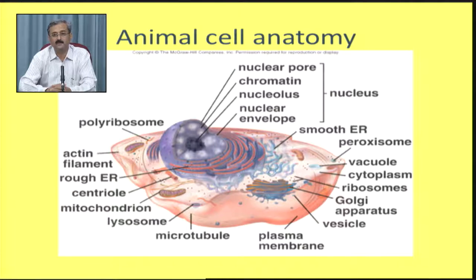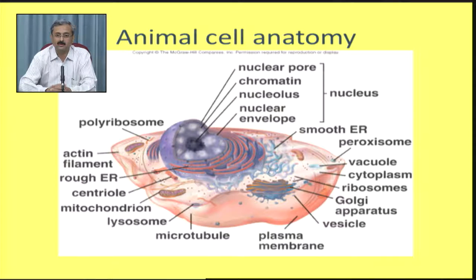There is the Golgi apparatus, vesicles, plasma membrane, and the cytoskeleton, which is very important in the animal cell, with actin filaments, intermediate filaments, the microtubules, and so on.